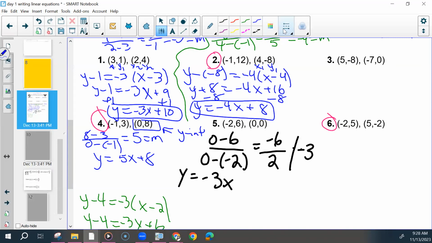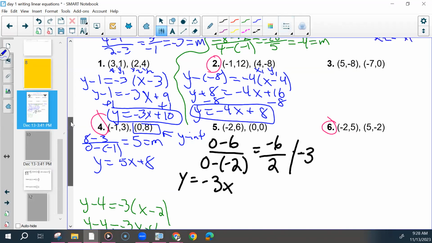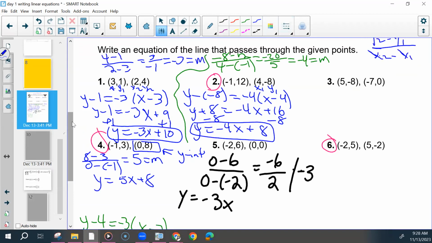The slope for this one was 0 minus -8 over -7 minus 5. Your slope would have been +8 over -12, which would simplify to be -2/3.